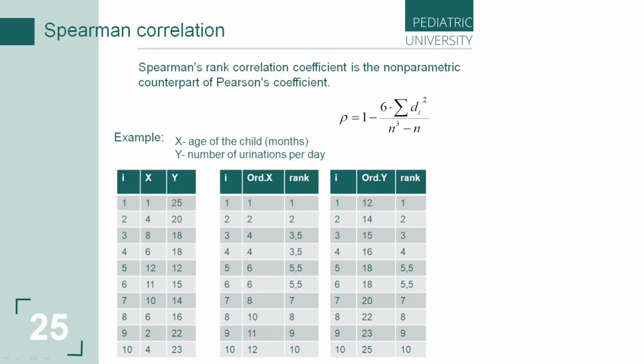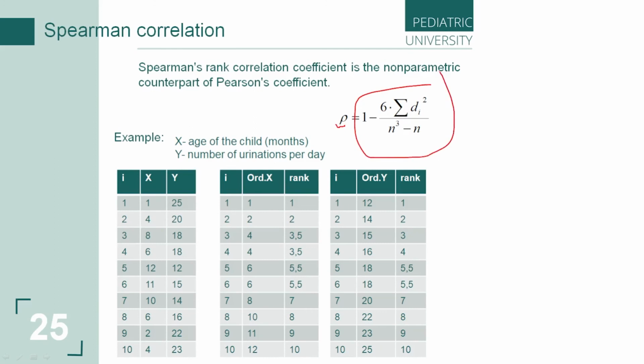This coefficient is ranked, so we will be ranking again as in the previous lecture. The Spearman correlation coefficient ρ, this is the Greek letter ρ, students, not P, is calculated using this formula.